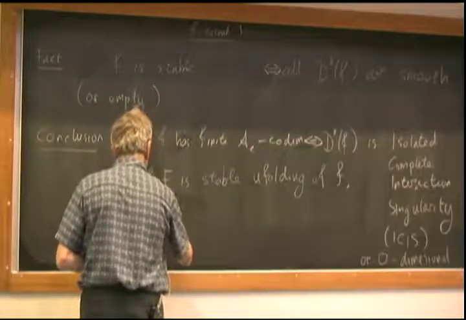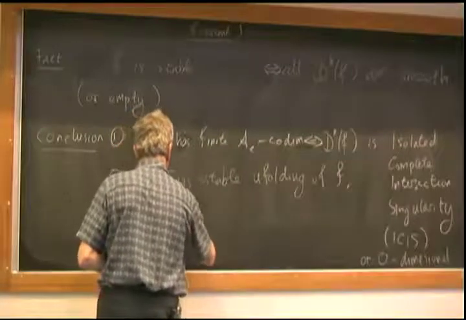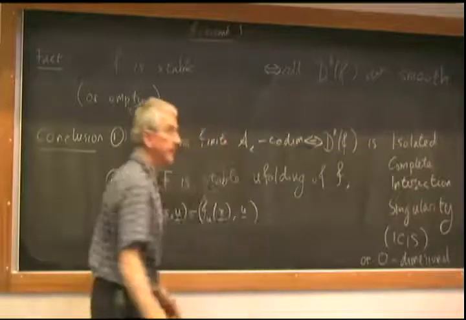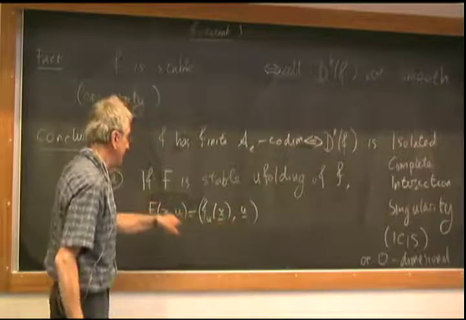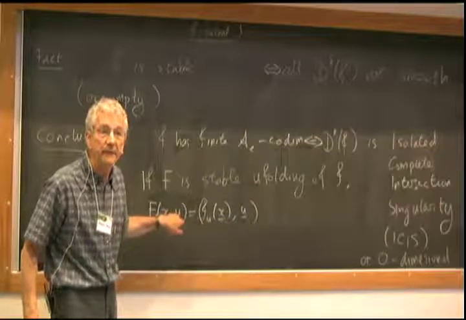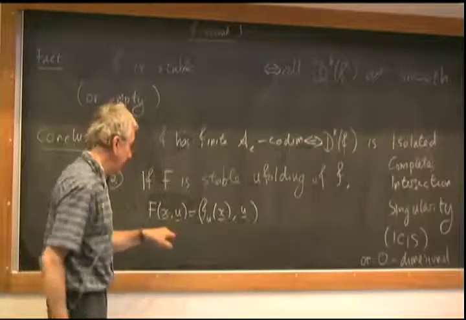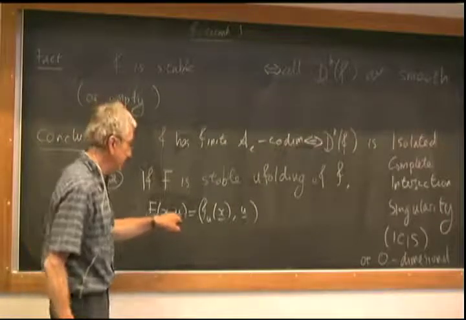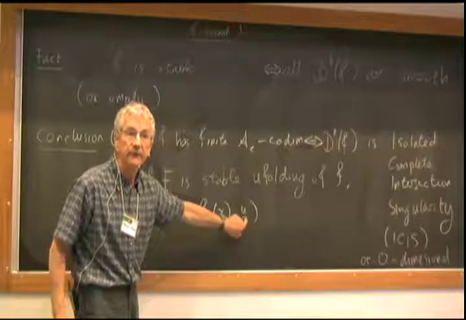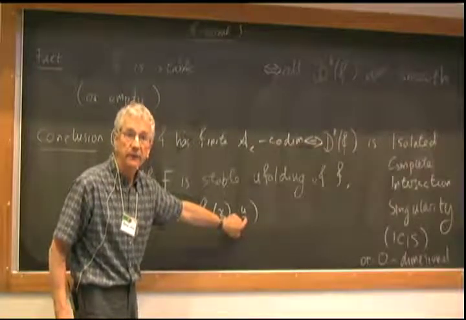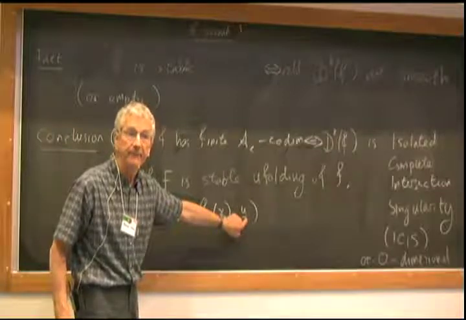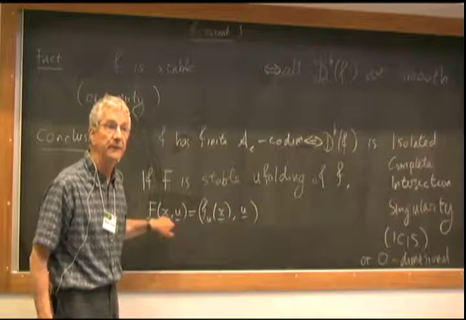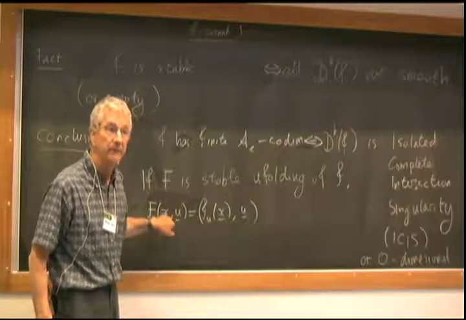Remember, we write F(x,u) = f_u(x), and our parameter is u. Now, if I have a k-tuple point of big F, that means (x1,u1), (x2,u2), up to (xk,uk). But because the parameter value is retained, then u1 and u2 and all the u's must be the same. If I have k points in the domain of big F having the same image, then the parameter values must all be the same.